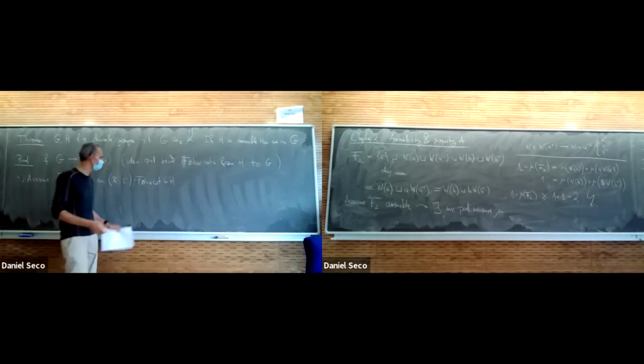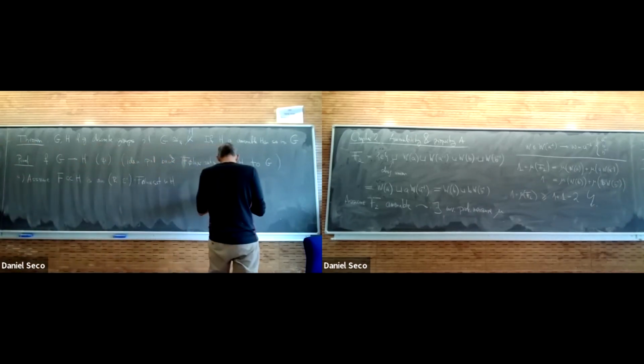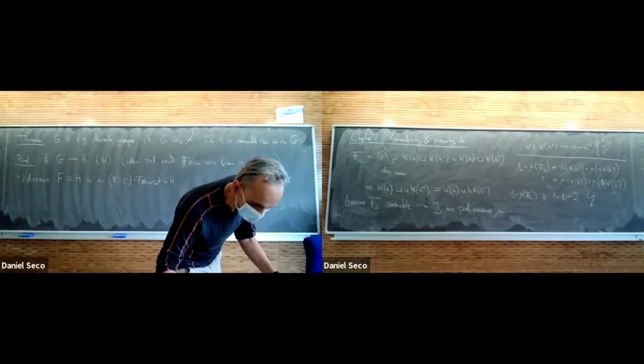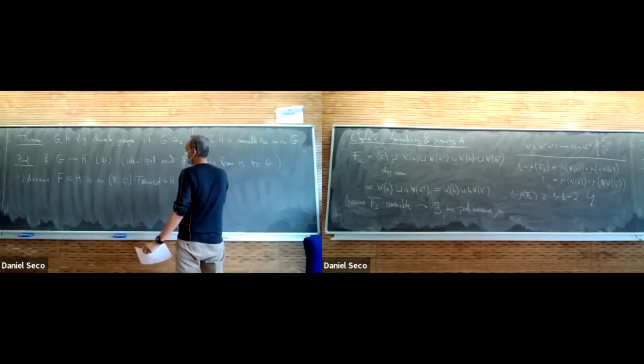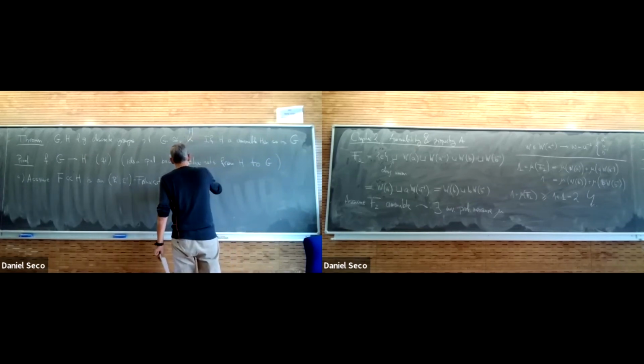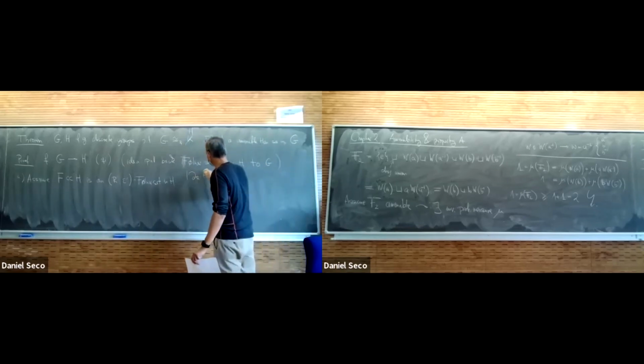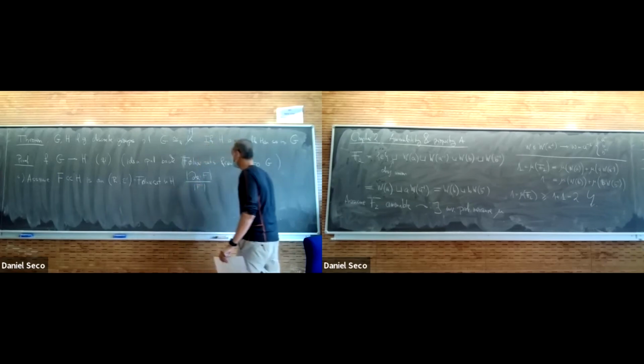What do I mean by that? I think I do it metrically. The outer boundary of the Følner set F, in cardinality compared against the inside, is smaller than epsilon prime.